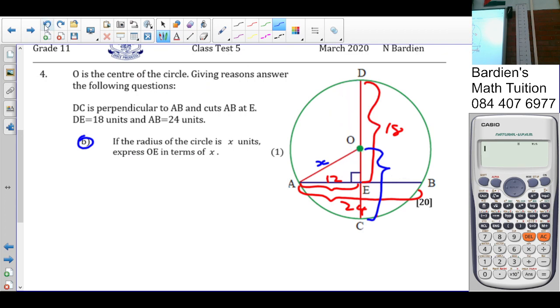You all okay with that? So that's x. That is 18. So this length here has to be 18 minus x. No reason required. Okay.